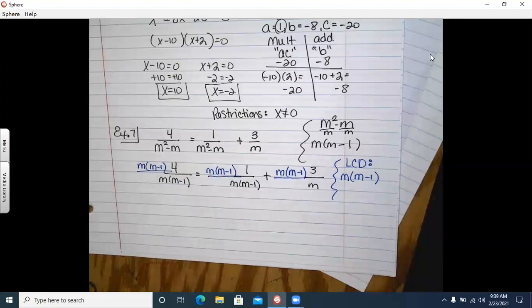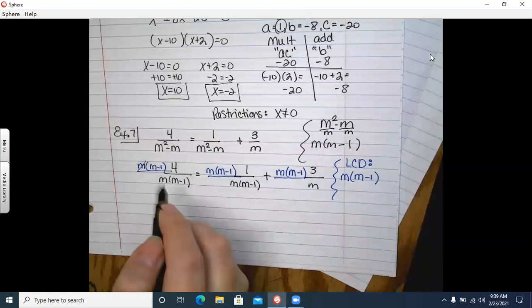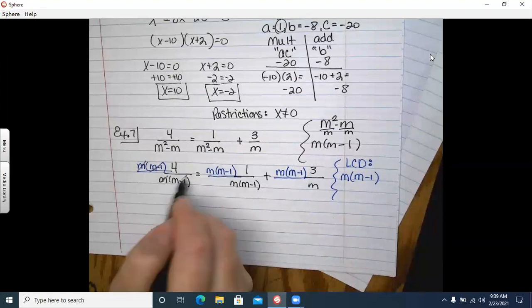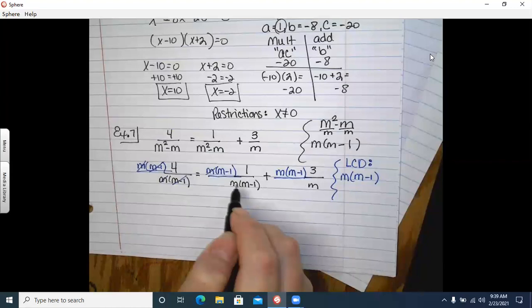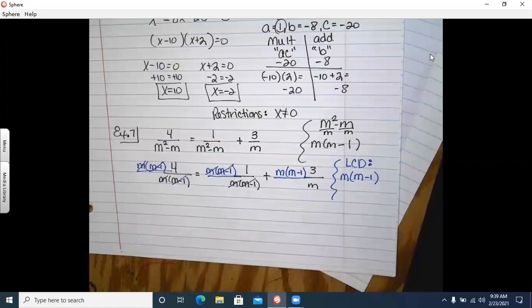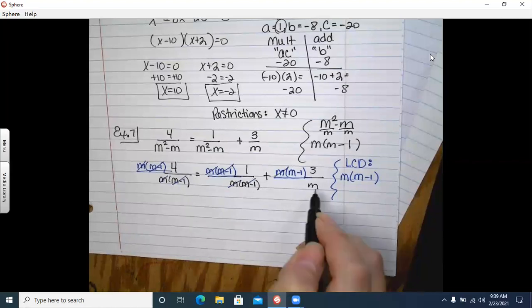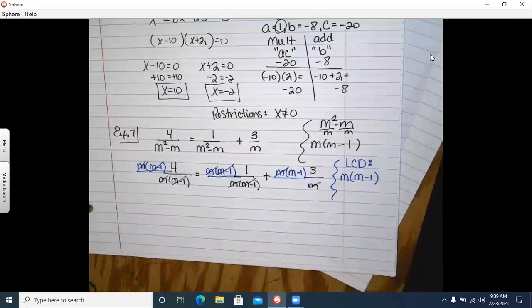So my first fraction, what's going to cancel? The m and the m minus 1. My second fraction, what's going to cancel? The m and m minus 1. My third fraction, what's going to cancel? Just the m.